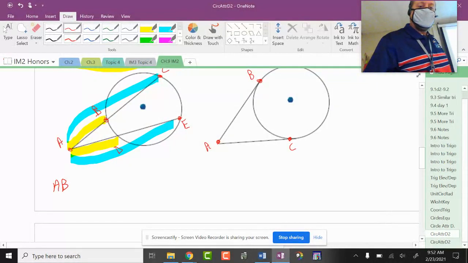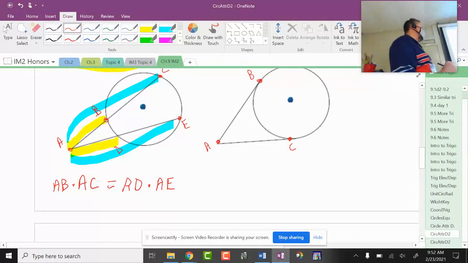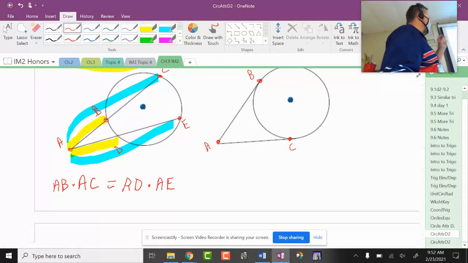Outside AB times the whole, all the way from A to C, equals the other segment, AD times AE. So AB times AC equals AD times AE. Outside times whole equals outside times whole. This is what's true for these situations.